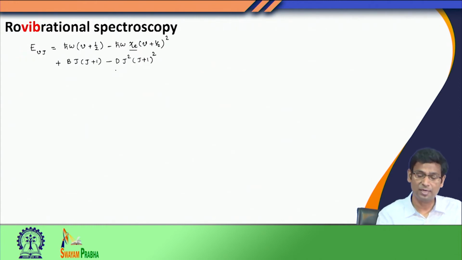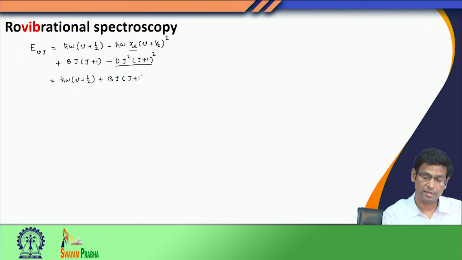Coming to the centrifugal distortion correction, there is no two ways about it that this distortion is extremely small. So, for the time being we can ignore these two correction terms. Under the harmonic and rigid rotor approximation, the energy levels are given by this, where v is the vibrational quantum number and J is the rotational quantum number.